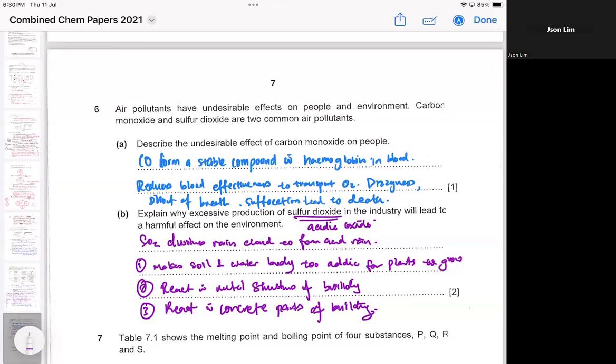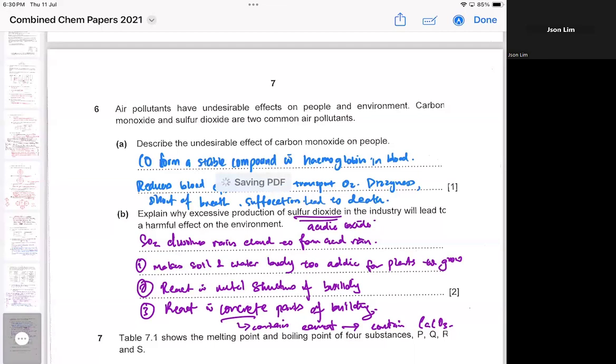Cement basically contains calcium carbonate. So the metal part is pretty straightforward. That's why acid rain will corrode the cement and the metal parts of buildings and structures.